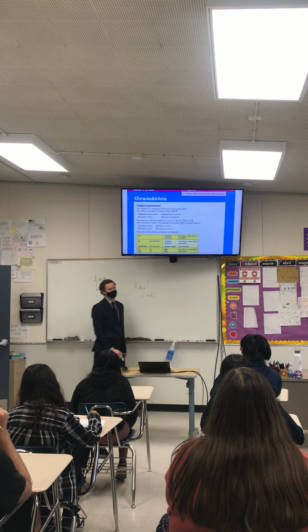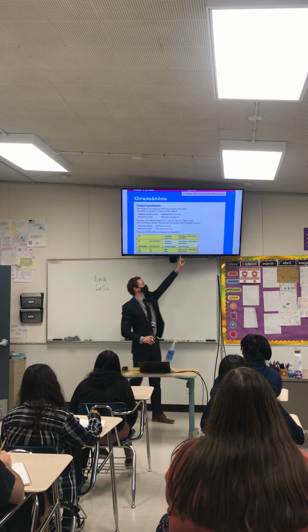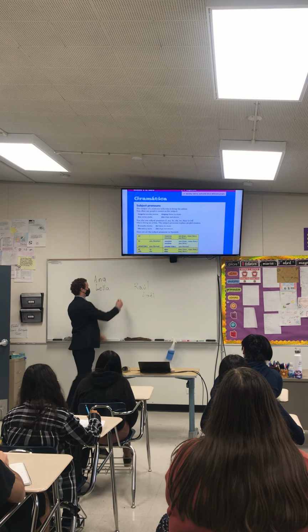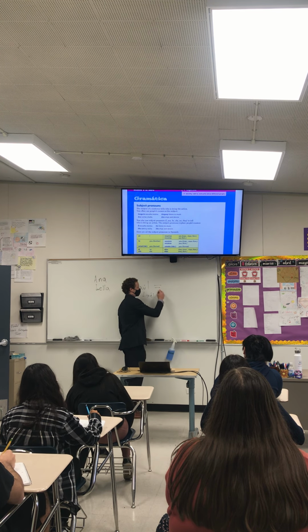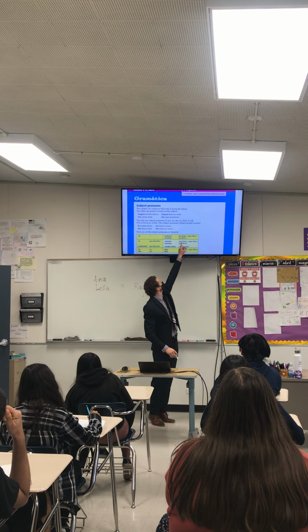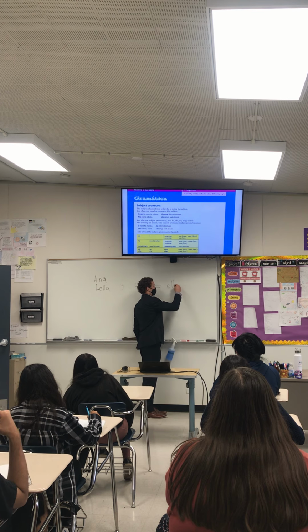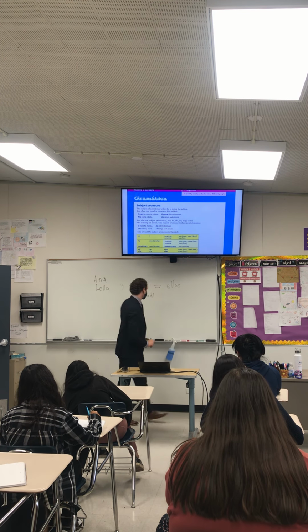Muy bien. If I had a group of people, I could use a plural subject pronoun. If I want to say Ana y Raúl, the subject pronoun I would use would be ellos. Because I'm talking about a group of people. They.